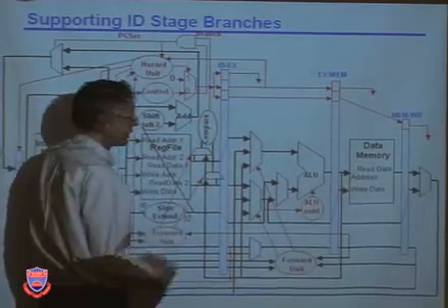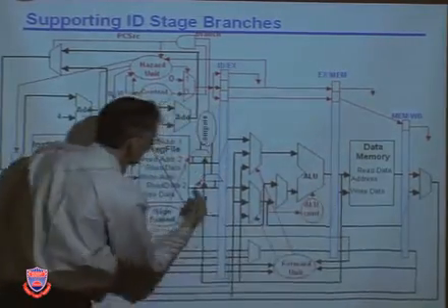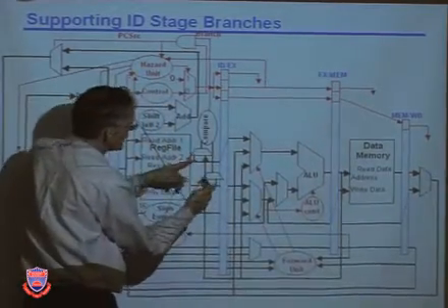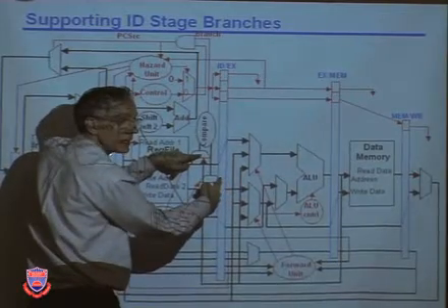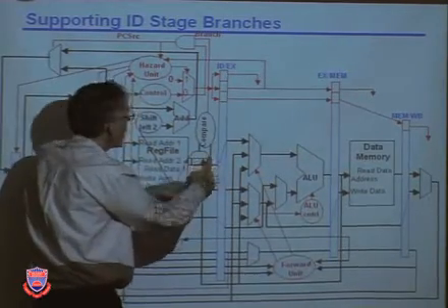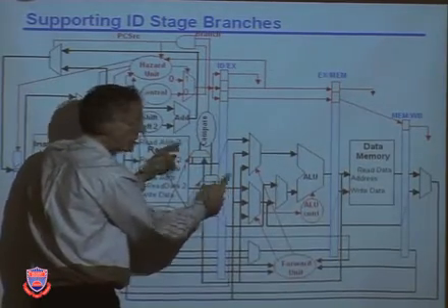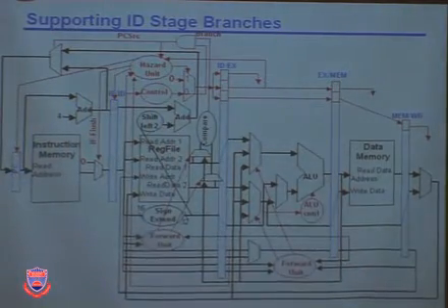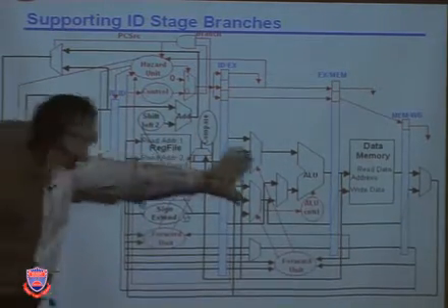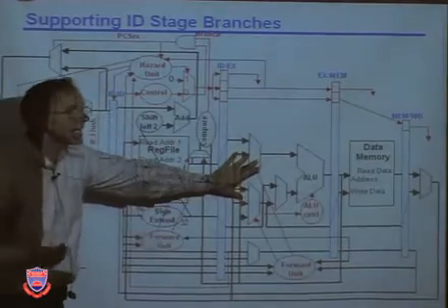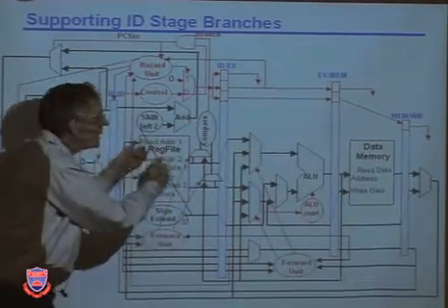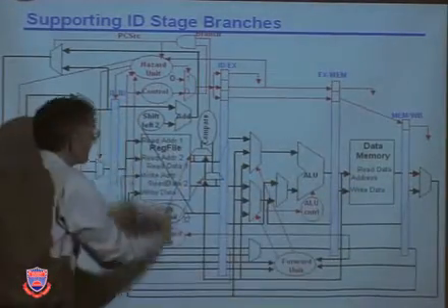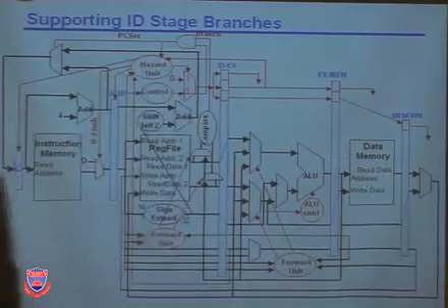Notice this forwarded value can go to either one of them. So in one case, I'll take it and not take it in the other case, or vice versa, or I'll take it in neither case. But I won't take it in both cases, otherwise they would always be equal. Okay, you with me? So we're using forwarding muxes here. It's the same as we did here. When you need the data and it's not already here, you grab it from somewhere in the pipeline before it's written back and use it anyway.